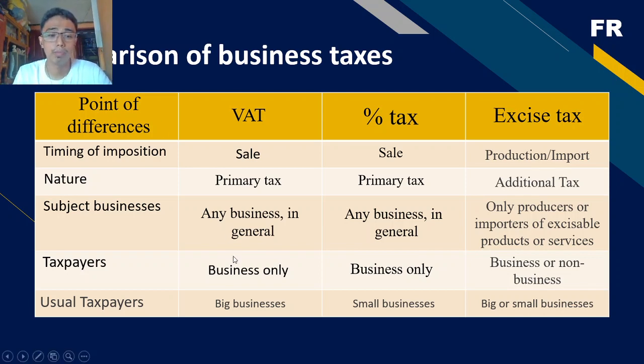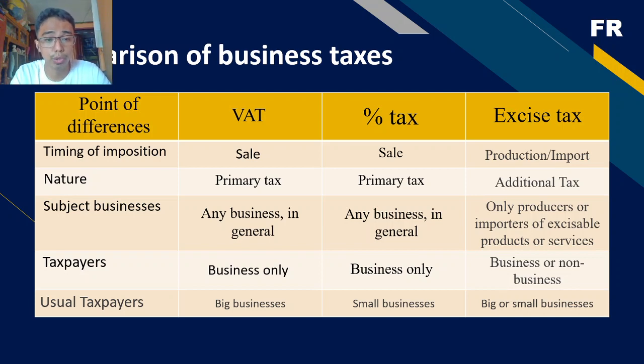And the last is the usual taxpayers. Okay? So ano yung mga usual taxpayers ng mga business tax natin? So for VAT, value added tax, yung mga usual taxpayers natin is yung mga big businesses. So as I said earlier kasi, yung mga businesses na may gross annual sales na above 550,000 are subject to value added tax.